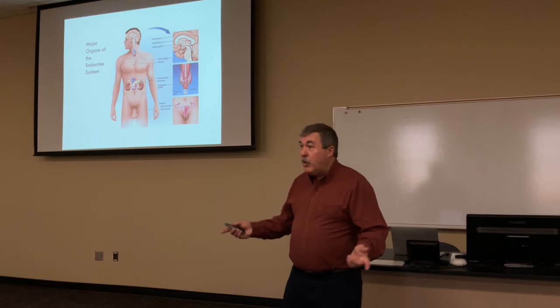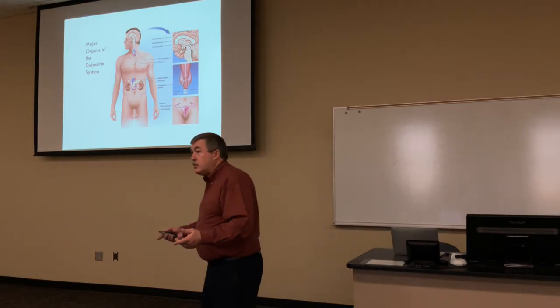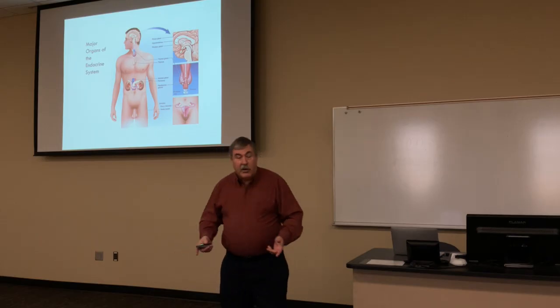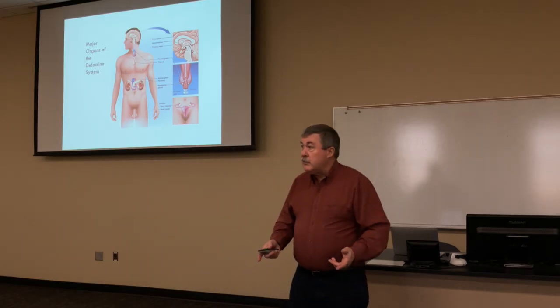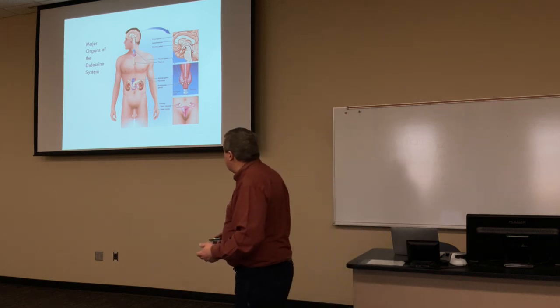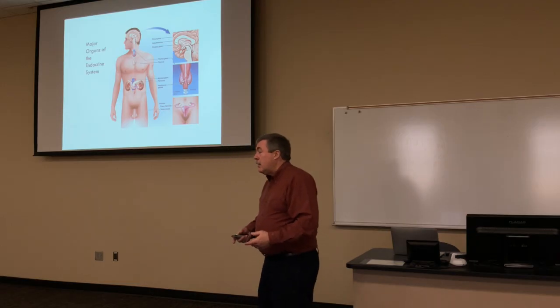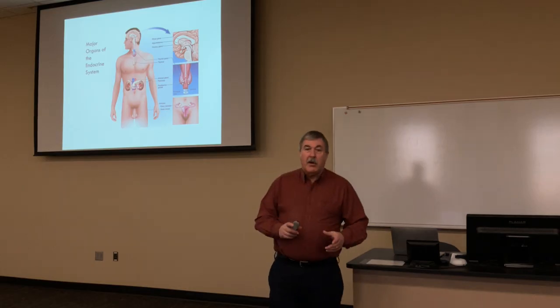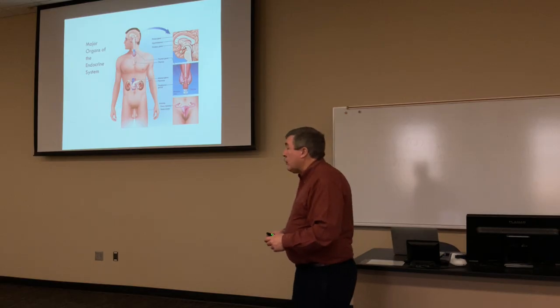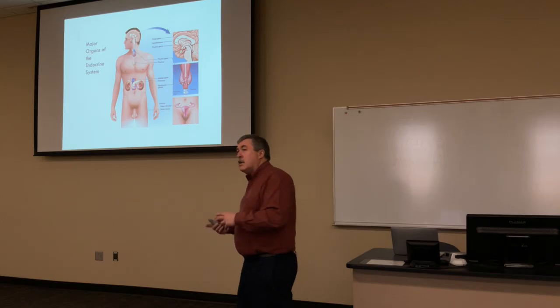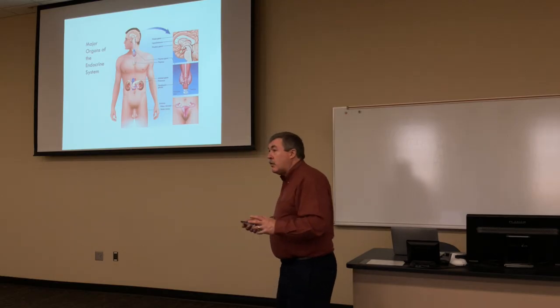I don't know if many of you know about this, but the heart actually secretes two different hormones that are involved in regulation of sodium homeostasis. There are two different natriuretic hormones that regulate the concentration of sodium in the body. But we generally don't think of the heart as an endocrine organ. Also the kidney. Kidney produces hormones. That's another one that we don't usually think of. So these are just the traditional endocrine glands.